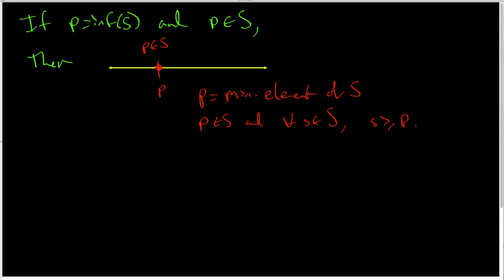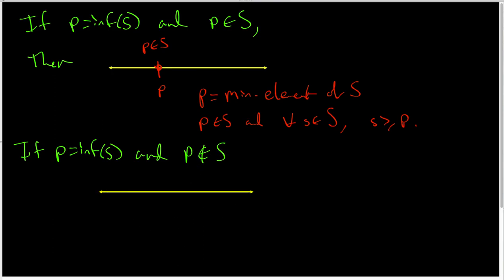On the other hand, if P equals the infimum of S and P is not part of the set S, then our number line looks like this. Here is P again.